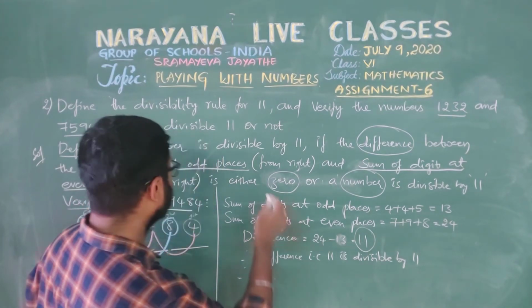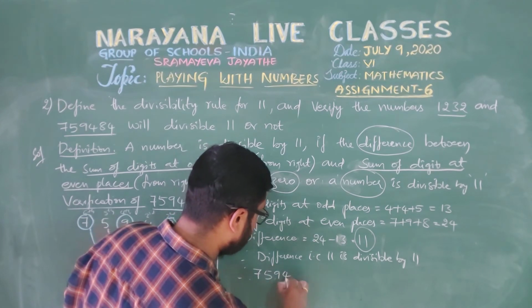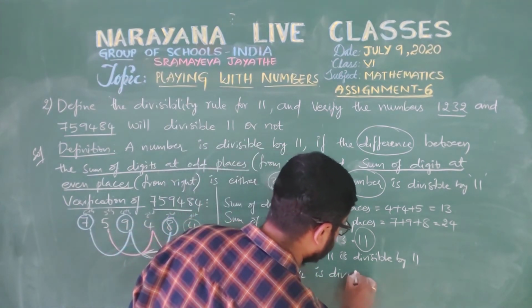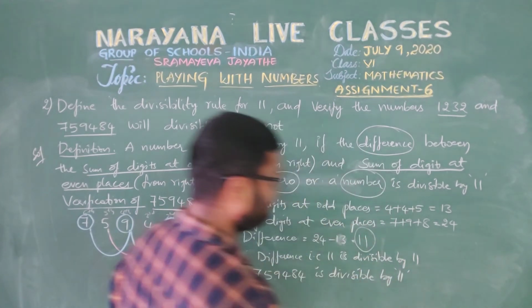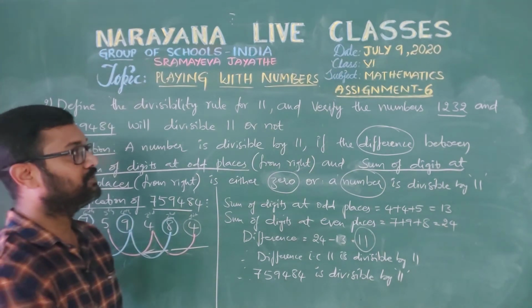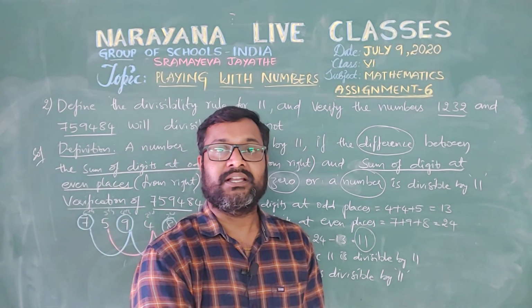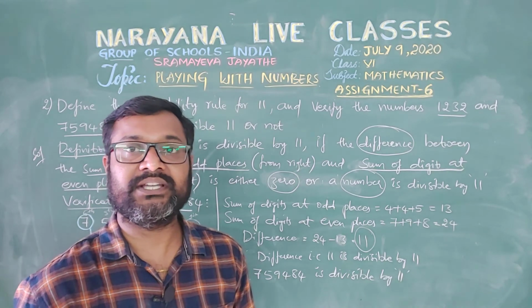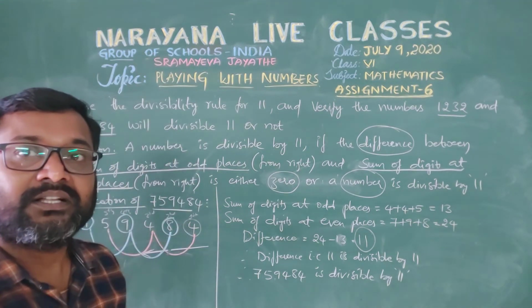Therefore, the given number, that is 759484, is divisible by 11, isn't it? So like this, using the divisibility rule, we can verify whether a number is divisible by 11 or not without doing actual division.